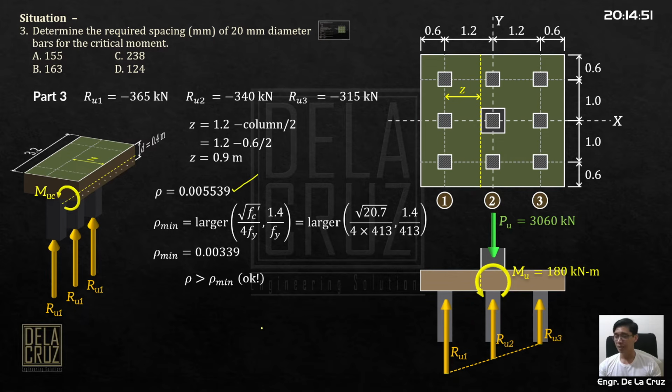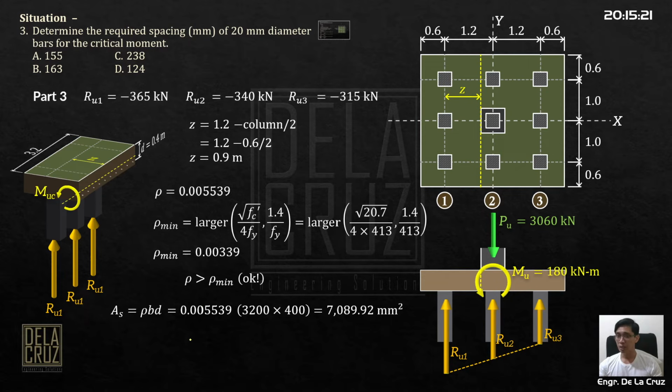Calculate. Alright? So, kunin natin yung required steel area. Rho bd. Yung b natin, ito. 3,200, 3.2 meters or 3,200 millimeter. Yung d natin is 400 millimeter. The required area. Gusto natin makuha yung required spacing of 20 mm diameter bars.